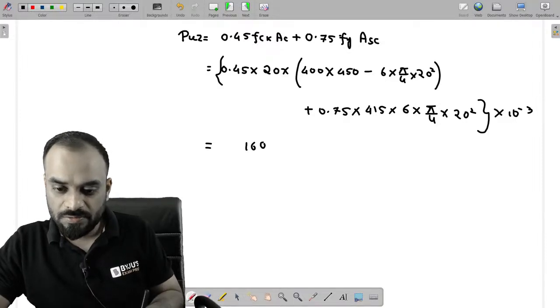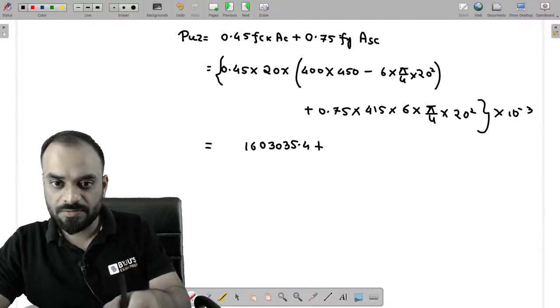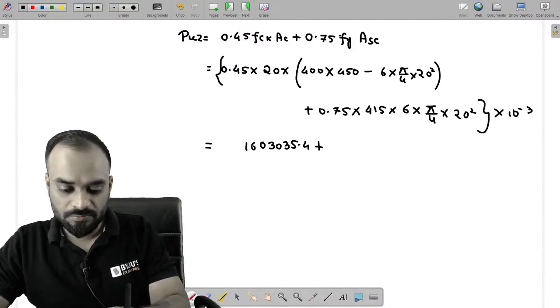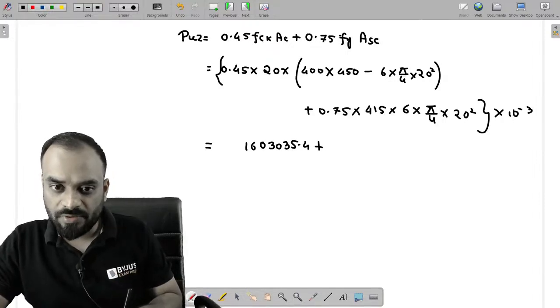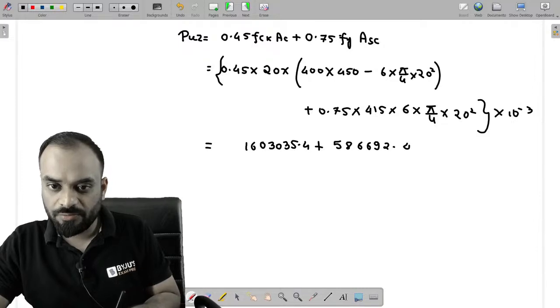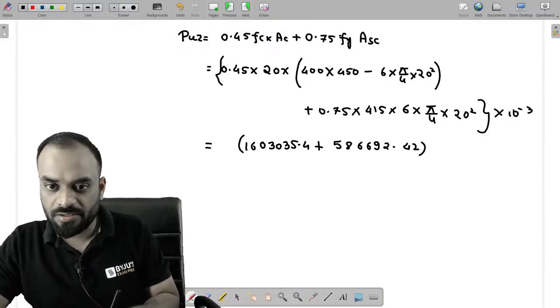1603035.4 plus 586692.42, bracket 10 raised to the power minus 3.